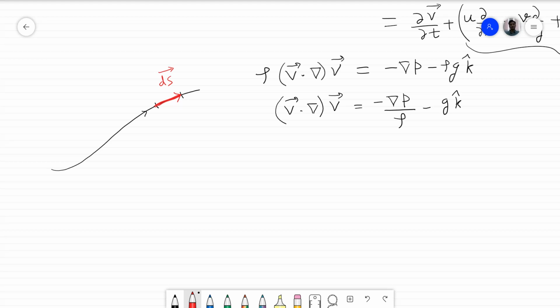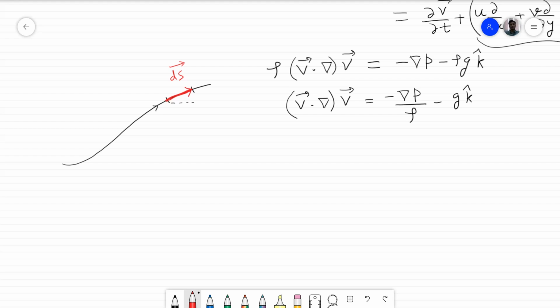Alright, so ds is a vector in that direction. And if we see the components of this ds in x, y and z directions, we can take these components and call them dx, dy and dz. Thus ds can be written as dx i cap, dy j cap, dz k cap.